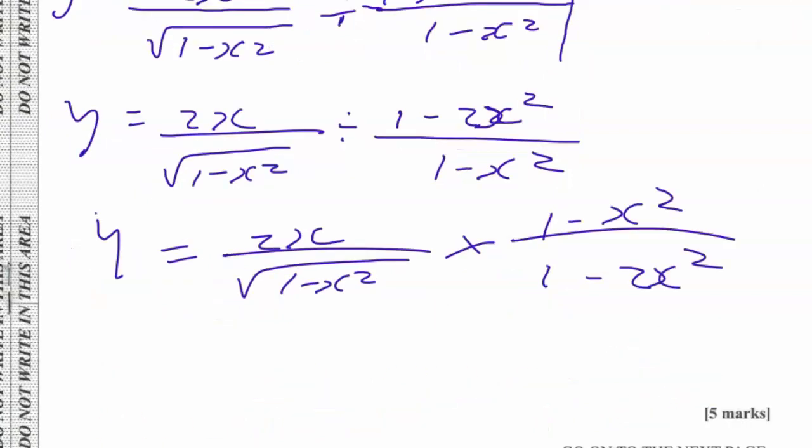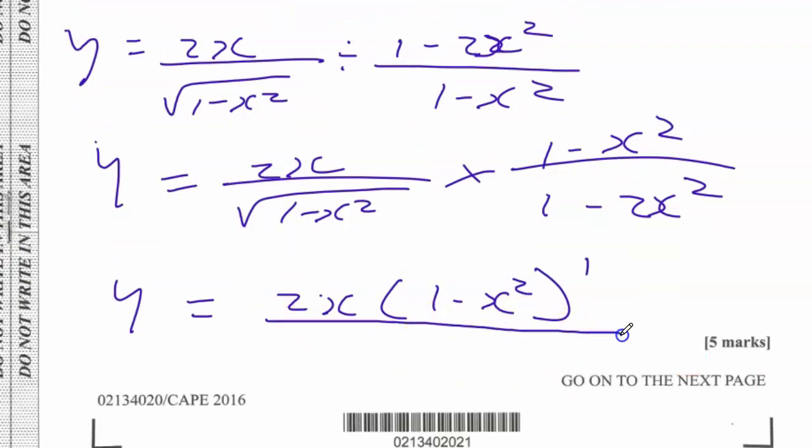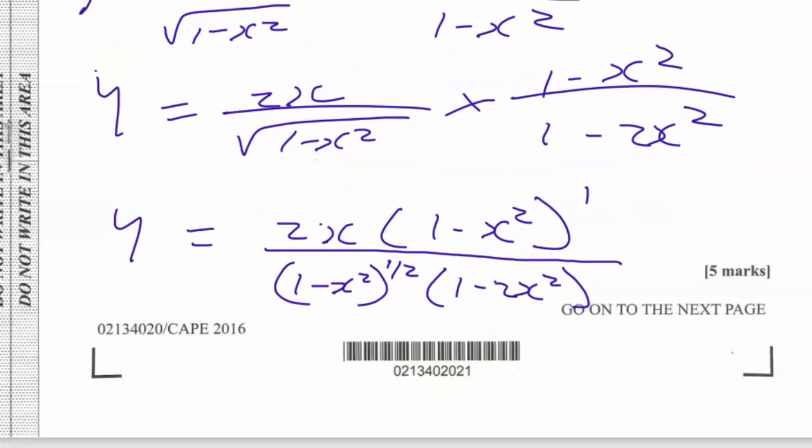Alright, so we can simplify this a little bit. This is y equal to 2x times 1 minus x squared to the power 1, and in the denominator we'll have 1 minus x squared root, same as to the power half, times 1 minus 2x squared. And we can even go further. Notice the same base, 1 minus x squared, so we can subtract the powers.